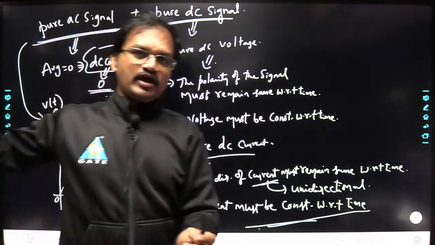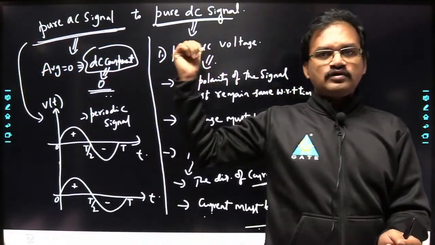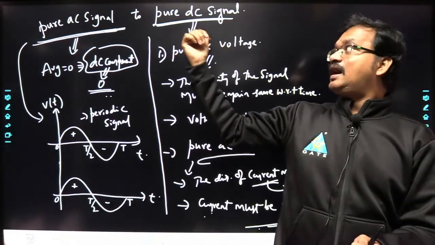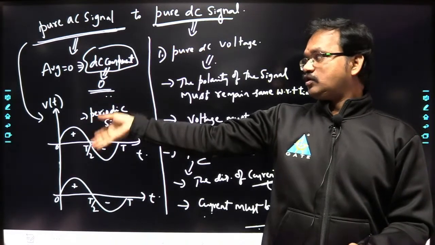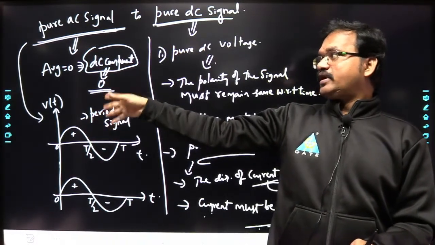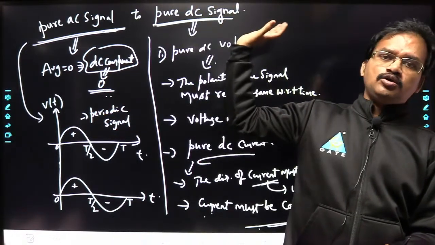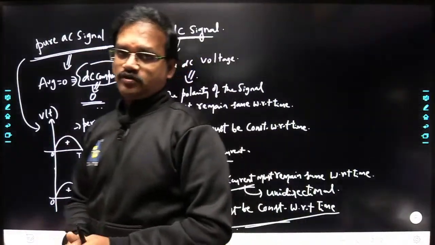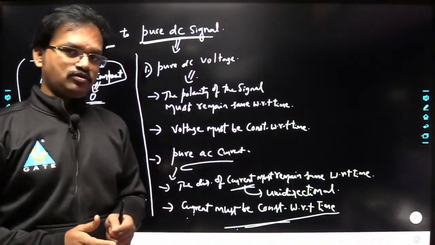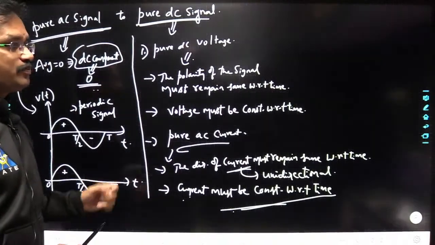Here we do not have any DC component, but at the output we want the total signal as a DC signal, right? We are trying to convert this total AC into pure DC. So we have to design that type of circuit which is going to convert this pure AC into pure DC.